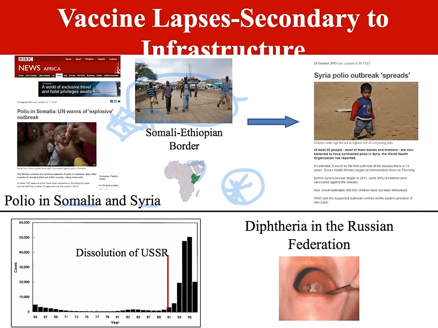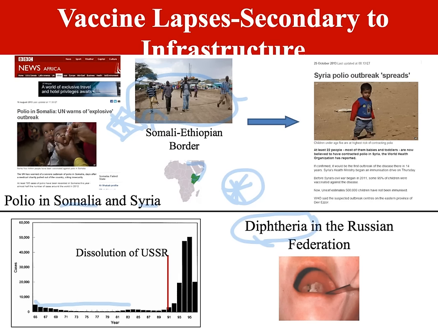So the other really nifty example of this is diphtheria in the Russian Federation. It's important to point out that this is no longer an issue to the extent that it was, but it just shows very nicely how collapses in infrastructure yielding collapses in vaccination lead to disease. So this down here, over the course of several years, is the prevalence of diphtheria in Russia, in the Soviet Union.